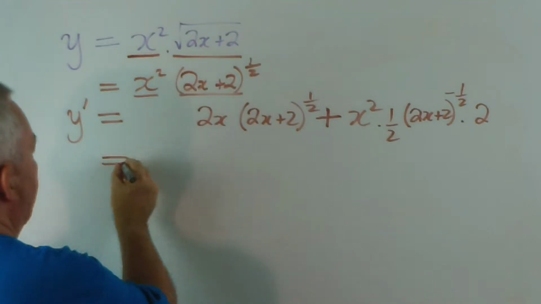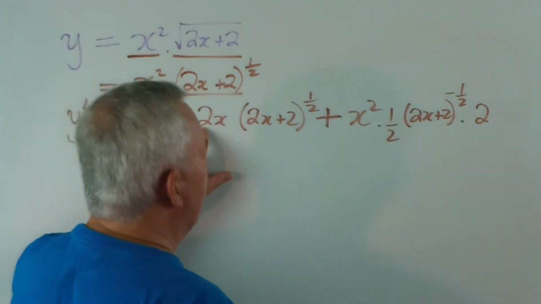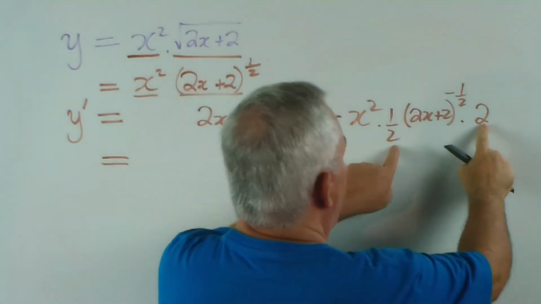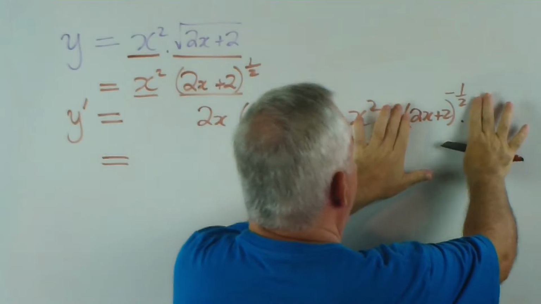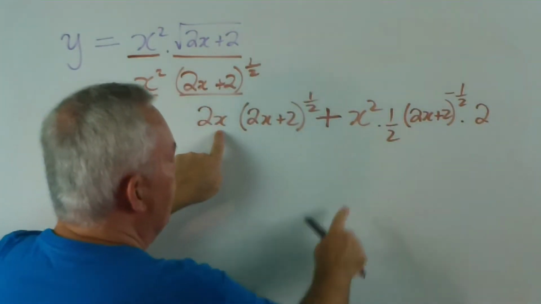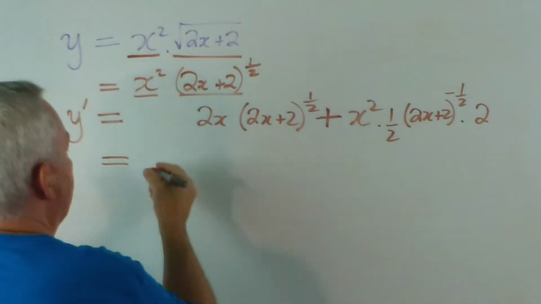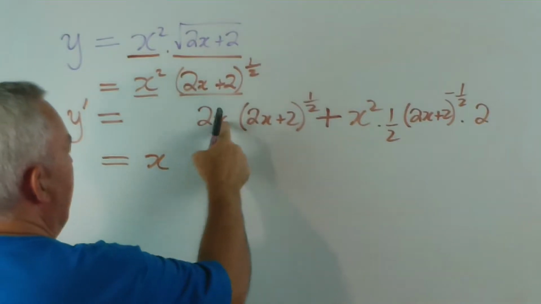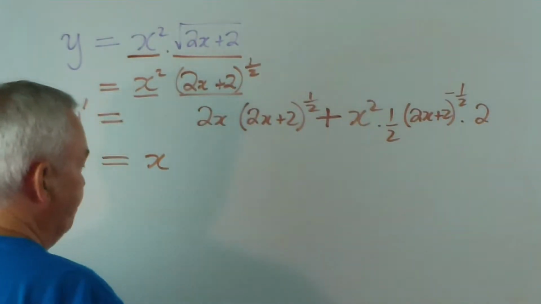Let's see what we've got. We have a 2 out the front. And it looks like we've got it here, but it disappears when we multiply it by 1/2. So we actually don't have a spare 2. Do we have an x? We certainly do. We have a common x in both expressions. So I'm going to take it out, because x to the power 1 is the lower power compared to that.